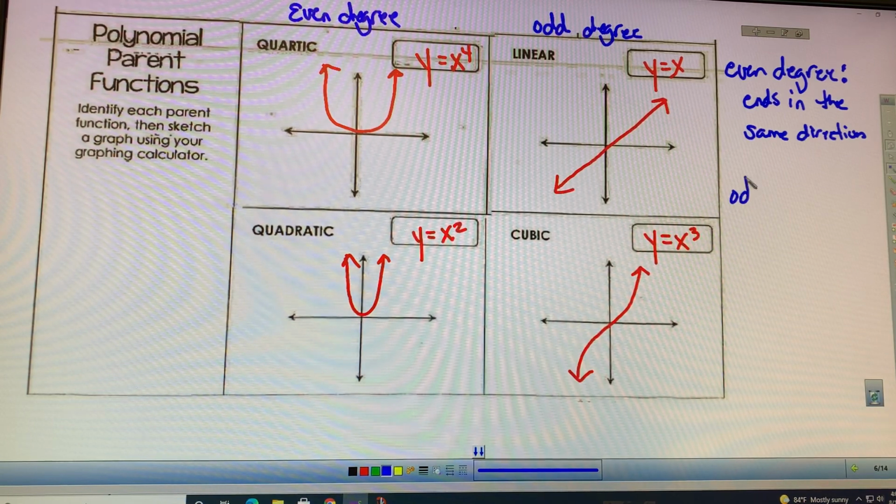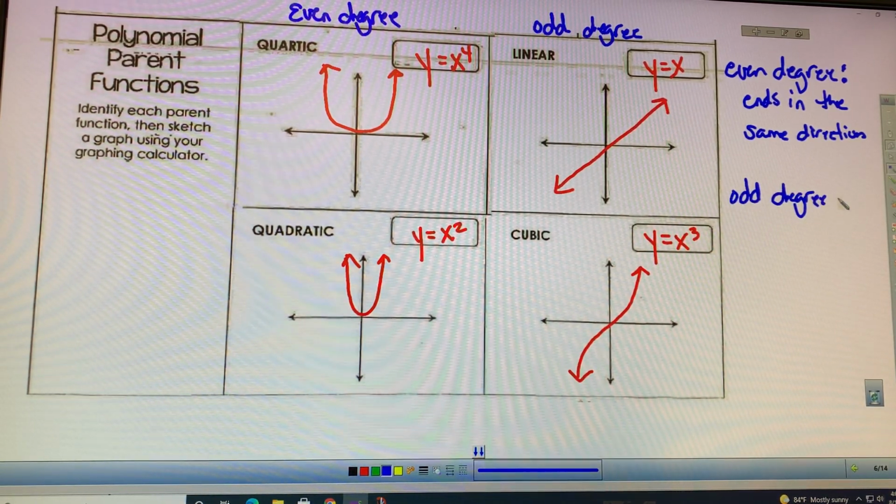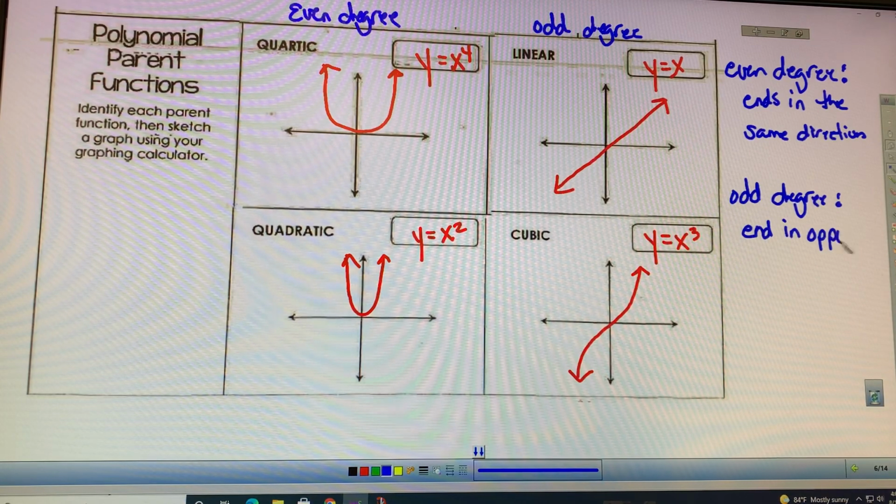And then an odd degree, what happens with the odd degrees? Starts in one direction, ends in the other. So these end in opposite directions. I hope that makes sense to y'all.